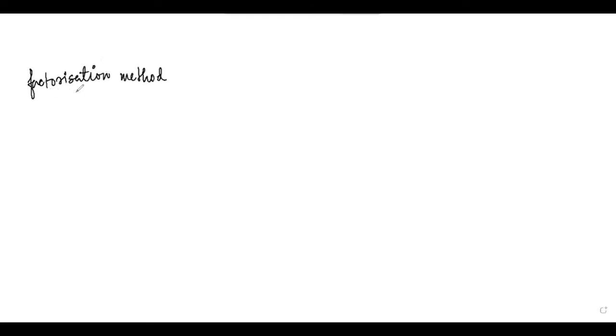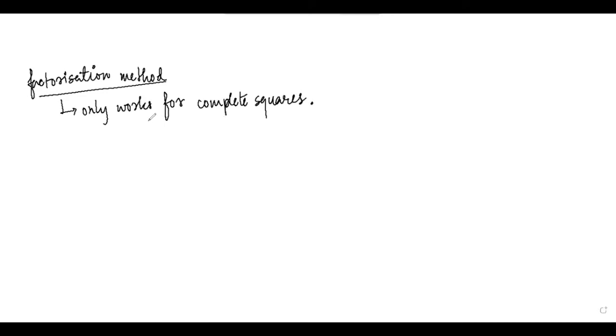Okay, so this method is very simple, but it only works for complete squares only. Okay, for example, 4225, the same example that we did in the division method. Okay, we just have to factorize this.